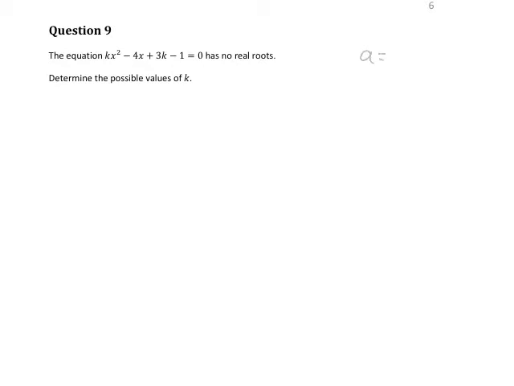Okay, this is one of my favourite types of questions. You take one quadratic in x and you turn it into a second quadratic in k, which actually ends up being a quadratic inequality, which you do know how to solve. However, it's just the structure of these questions can be quite tricky and challenging.